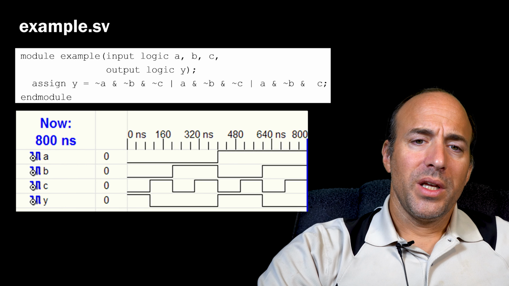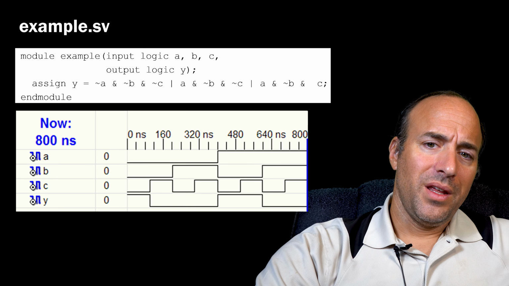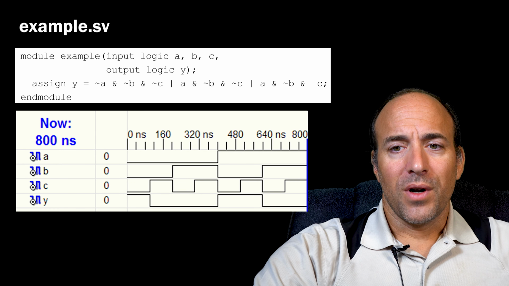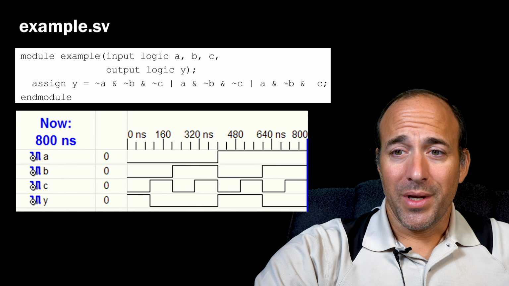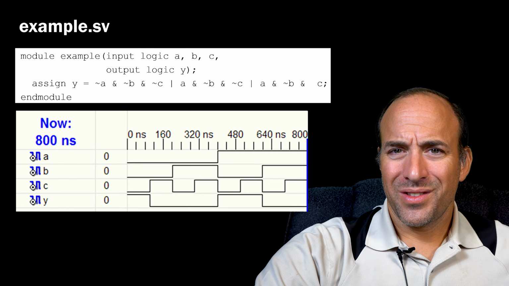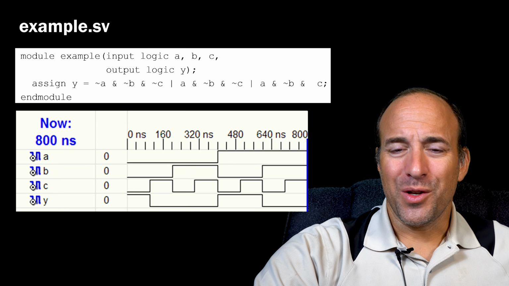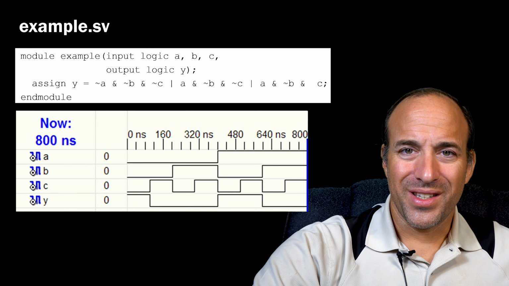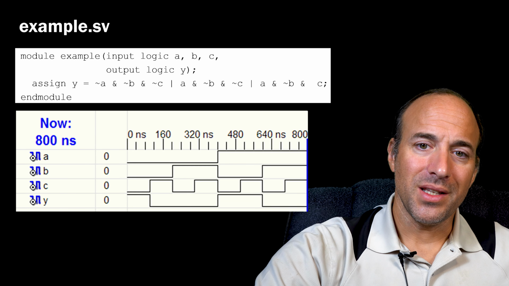The module is responsible for setting the value of y from its assign statement. But the question is, what's driving the values of A, B, and C? In other words, the module is setting y. Who's setting A, B, and C?